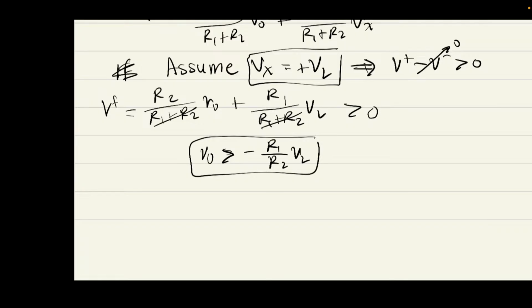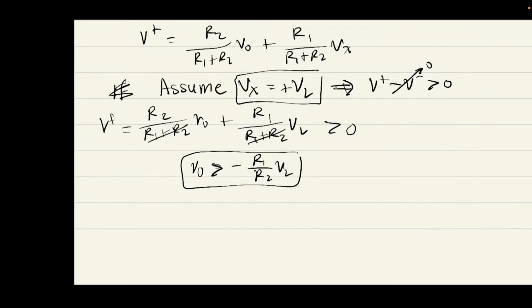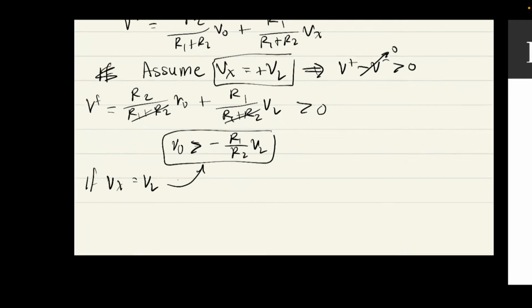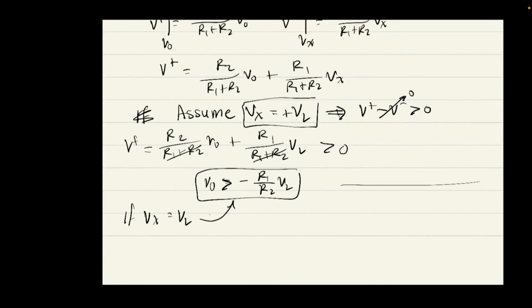Nice. Now what does this mean? It means that if Vx is VL, if it's positively saturated, then it will remain at this state as long as this condition is upheld. So we draw our input, which is VO. Don't get confused by the VO, that's the input, right?